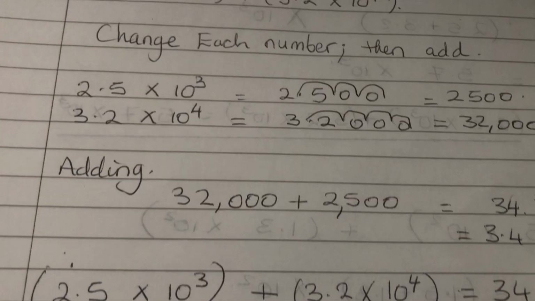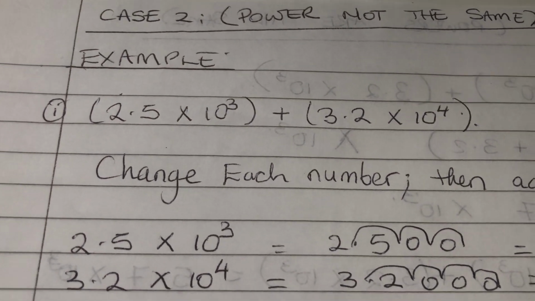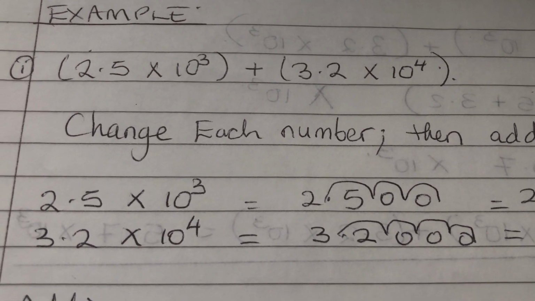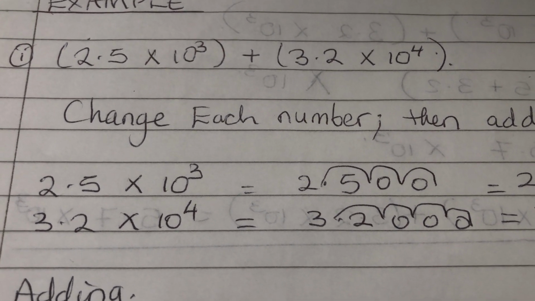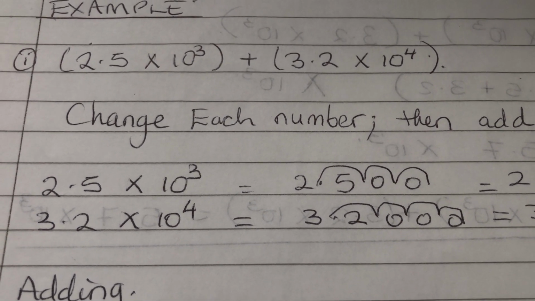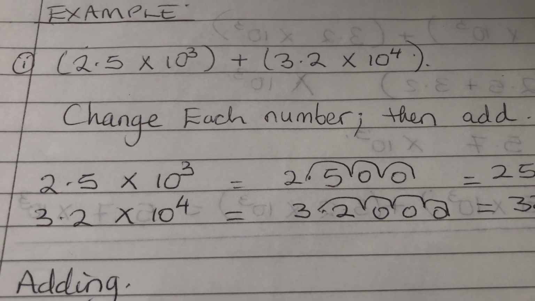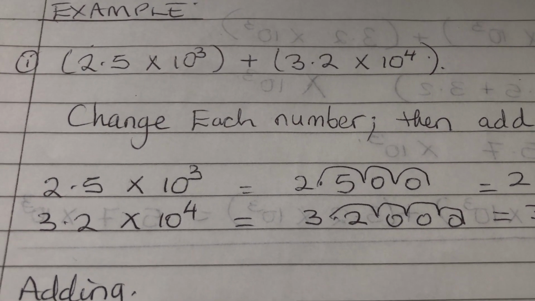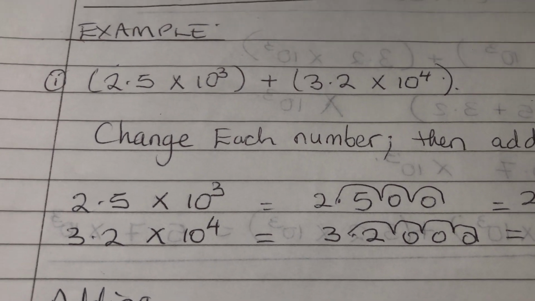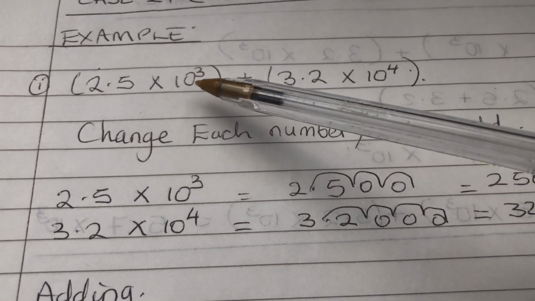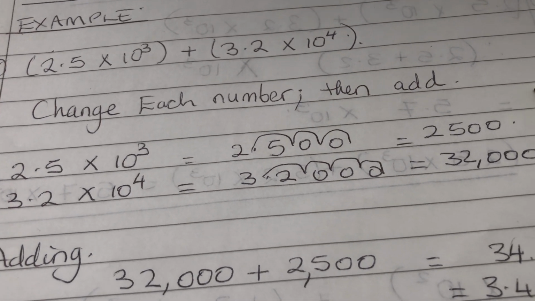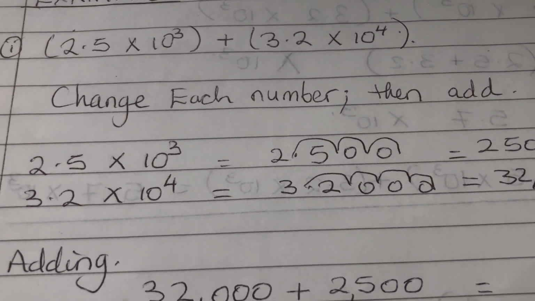Now, another case in the adding scenario. In the subtraction, which I think I'll introduce tomorrow, it's the same thing. It's just that you subtract the numbers. Now, you can change the number to an ordinary number and add.